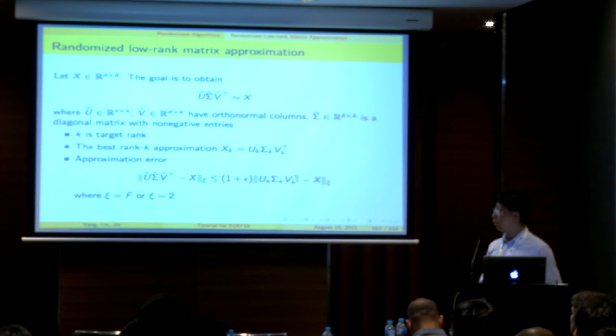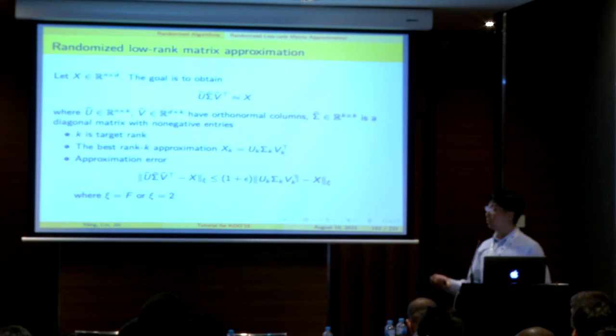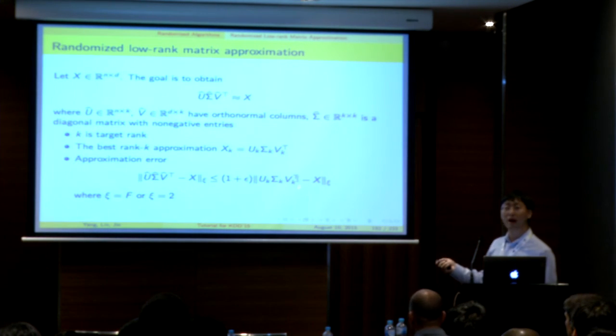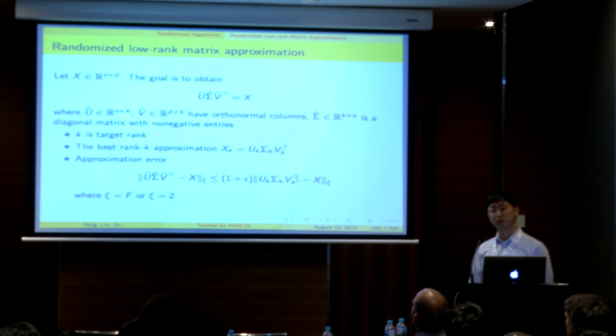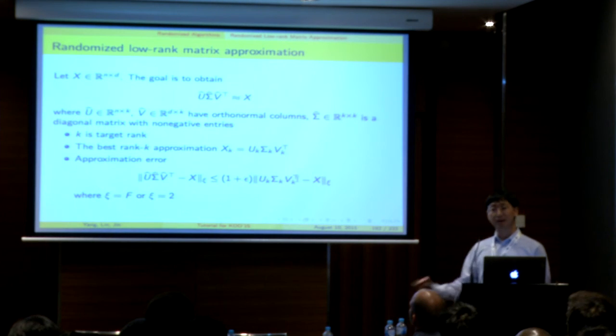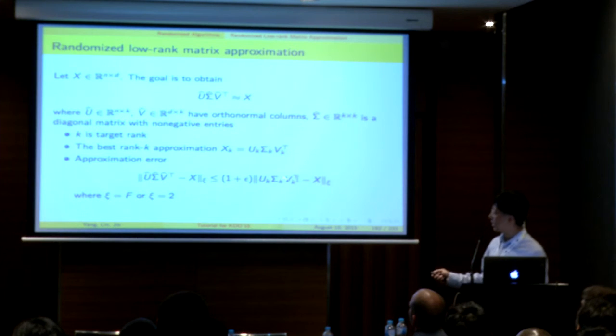Here we want to design a very fast randomized algorithm to obtain such an approximation, which is very close to the matrix X, and whose error is not much larger than the optimal error we can obtain from the singular value decomposition. Singular value decomposition gives the best error, but computing it for a big matrix is very expensive. So we cannot perform better than this, but we want to control this epsilon to be a very small value.